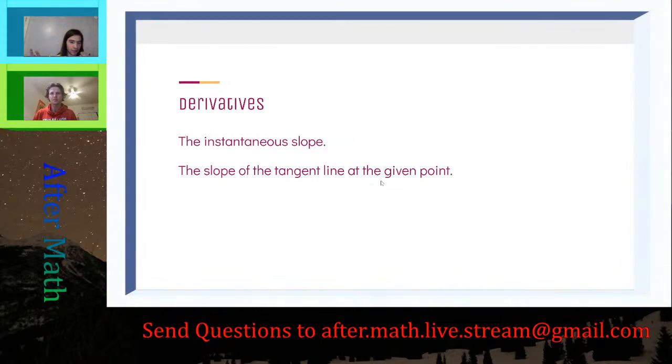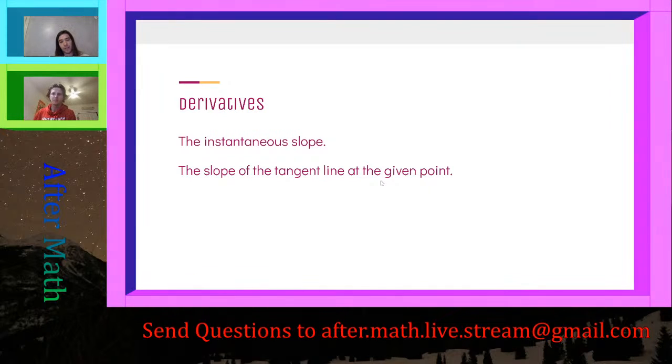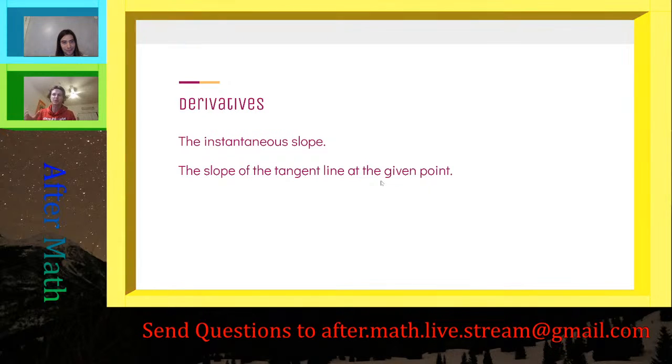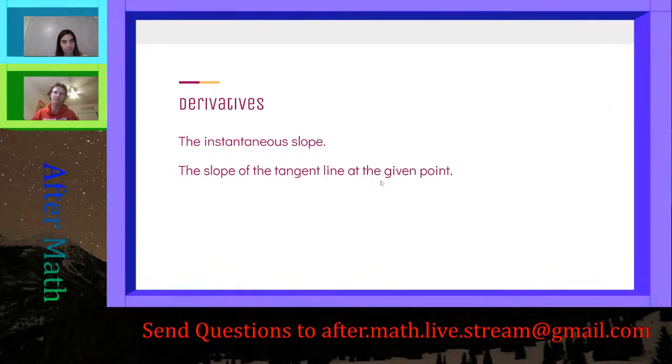It's the instantaneous slope. It's the tangent line at a given point. Think little tiny increments. And that's why those limits were so important, right? This allows us to get it so small that it's at a given point, and it gives us a slope.